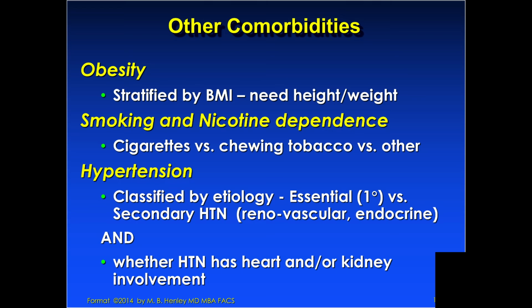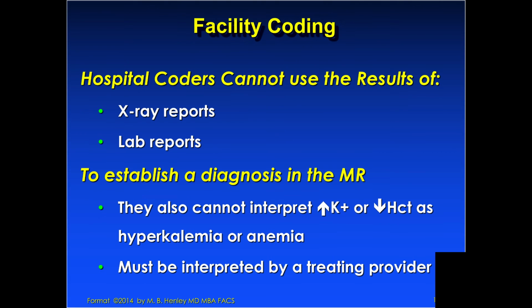Hypertension is classified by etiology, whether it's primary or essential hypertension versus secondary hypertension, for example, renovascular hypertension or endocrine. Hopefully, our medical colleagues will have already established this and we can refer to those diagnoses. And you also have to say whether there's an associated comorbidity in hypertension when there is any heart or kidney involvement. So you can see how important this is.